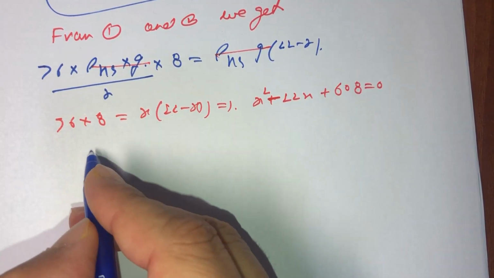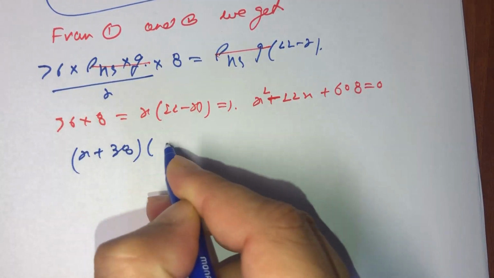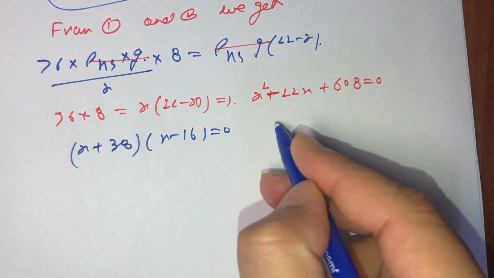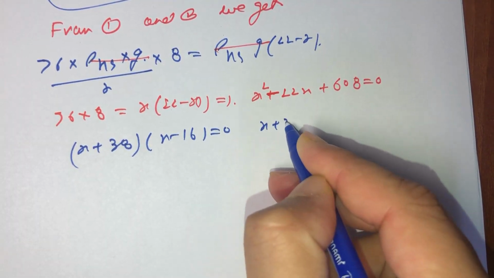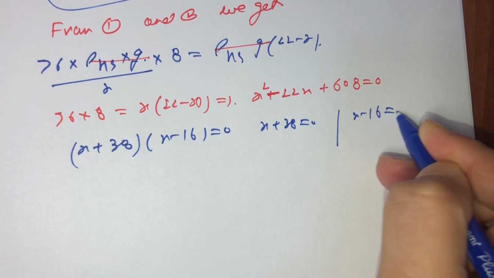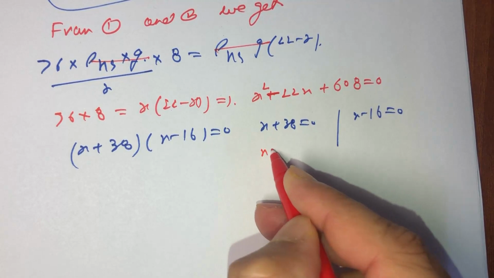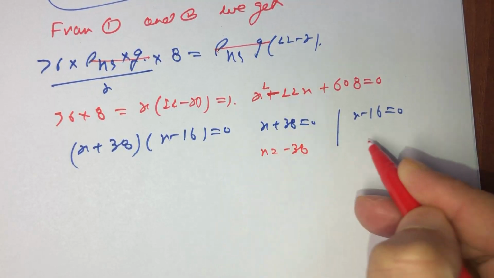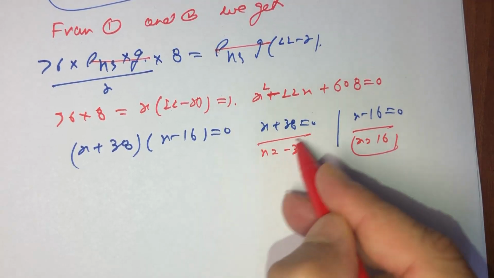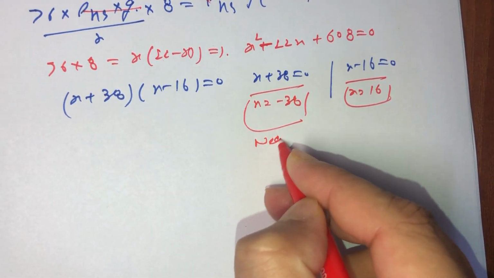So we can factorize it. It will be equal to x plus 38 and x minus 16 is equal to 0. So from here we are going to get either x plus 38 is equal to 0 or x minus 16 is equal to 0. So in the first part we are going to get x is equal to minus 38, and in the second part we are going to get x equal to 16. So obviously it is negative, so we are going to neglect it.